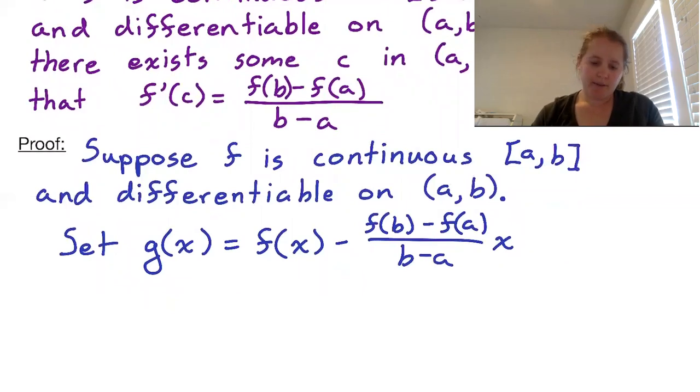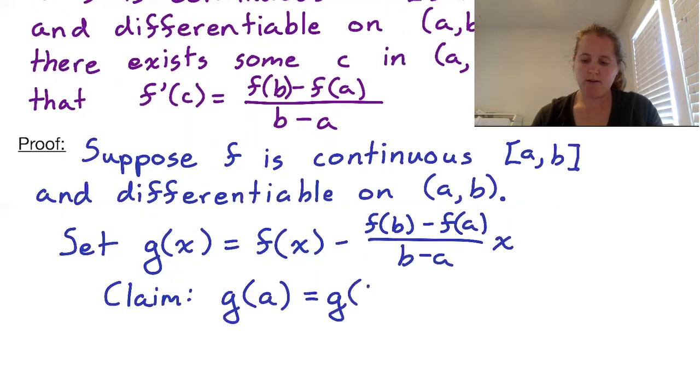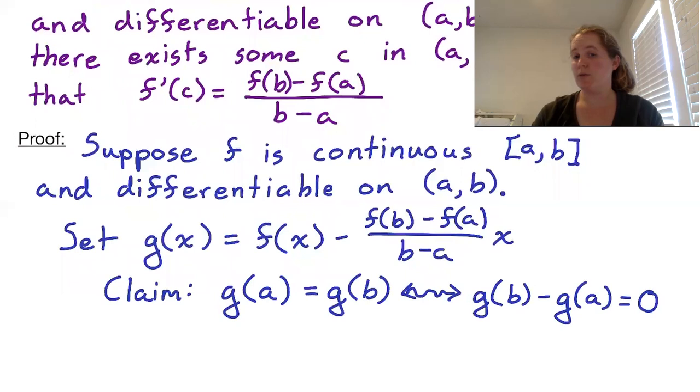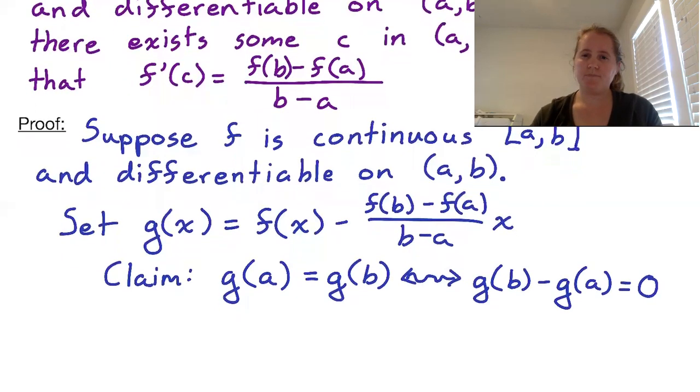So I claim that g of a equals g of b, or equivalently, that g of b minus g of a is equal to 0. That's what we would need for Rolle's theorem to apply to g.